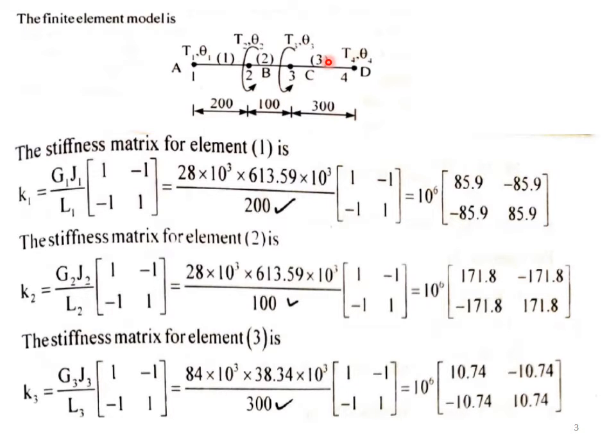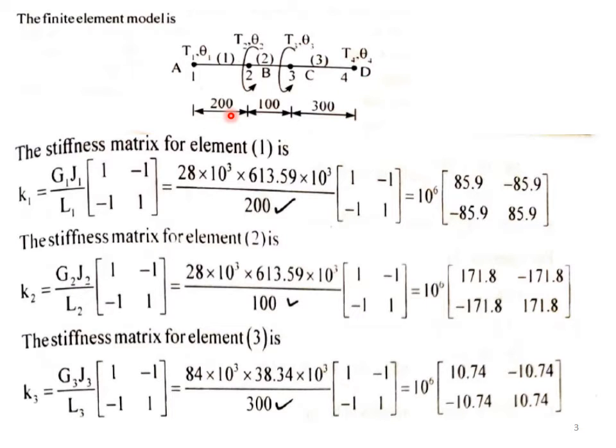Next we'll write the FE model, same as explained in the previous problems. 3 elements: element 1, element 2 and element 3. 4 nodes: node 1, node 2, node 3 and node number 4. T1 theta 1, T2 theta 2, T3 theta 3 and T4 theta 4 are the torque and angle of twist respectively at nodes 1, 2, 3 and 4.